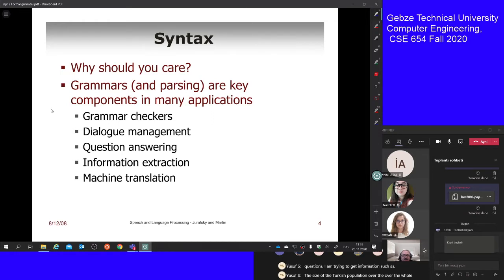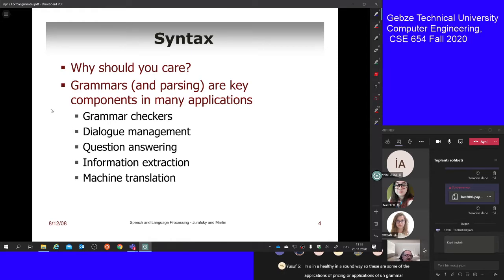Machine translation also comes up very frequently when we talk about natural language processing. Without parsing a sentence in one form or another, you cannot do machine translation in a sound way. So these are some of the applications of parsing or grammar.